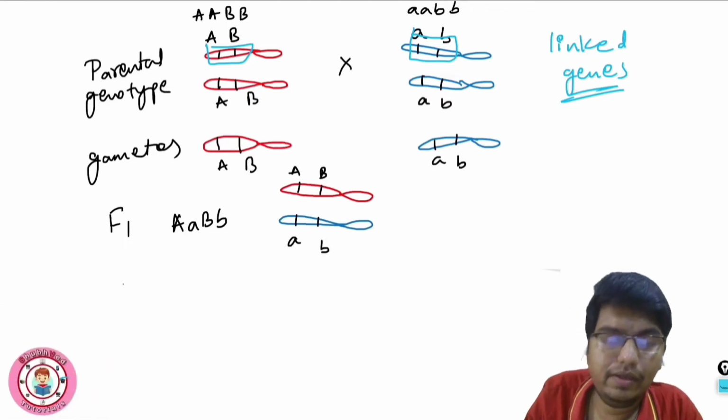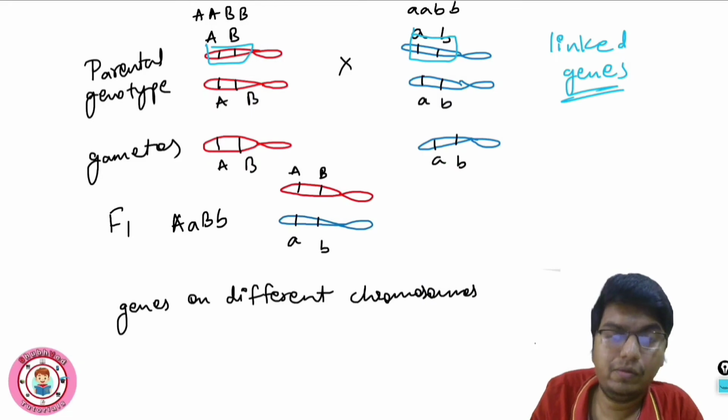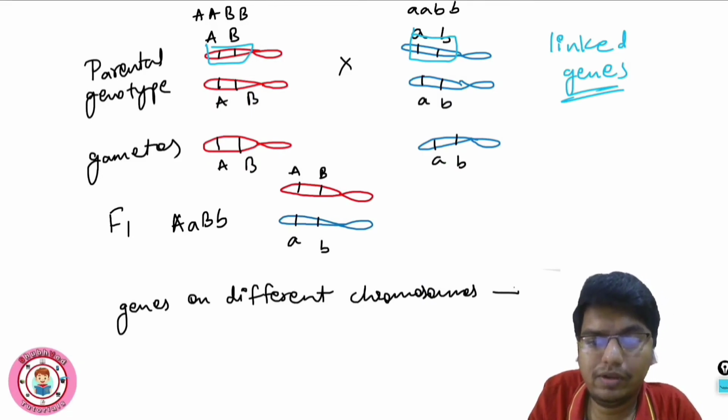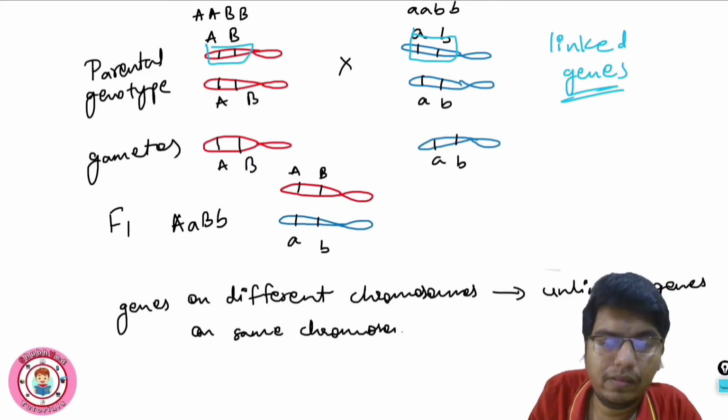To conclude here, I will just summarize that genes on different chromosomes are known as unlinked genes, and genes on the same chromosome are known as linked genes.